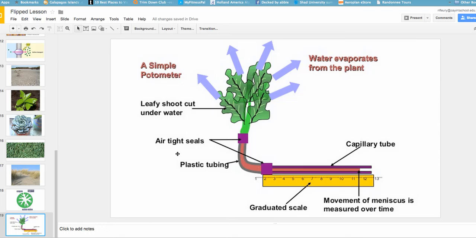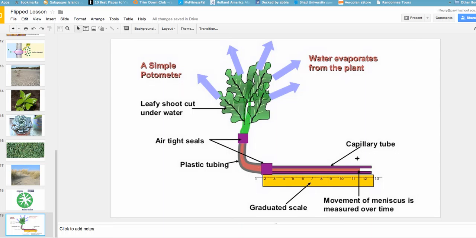So either the measure is given a number of centimeters at a time, or set a certain time and measure in centimeters. So what this basically means is, this is the capillary tube, it's filled with water. And so if you make a bubble in it, for example right there, then you can actually measure with time how far that bubble travels and therefore how much water the plant has taken up.